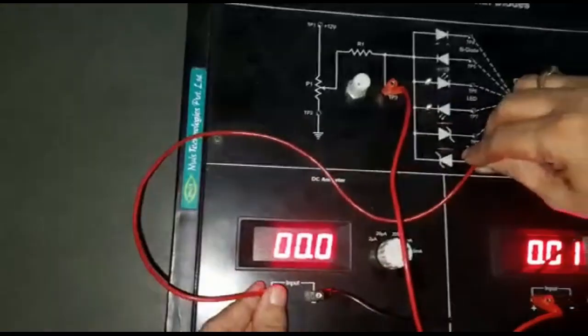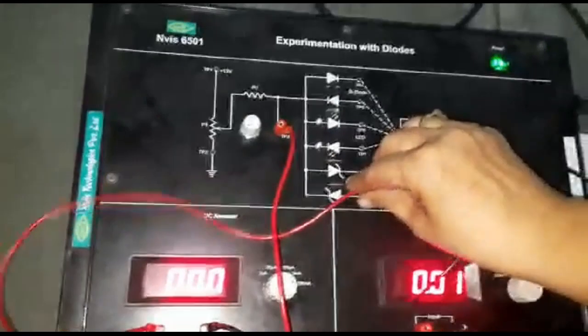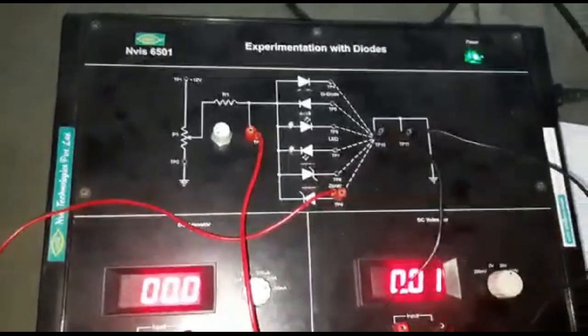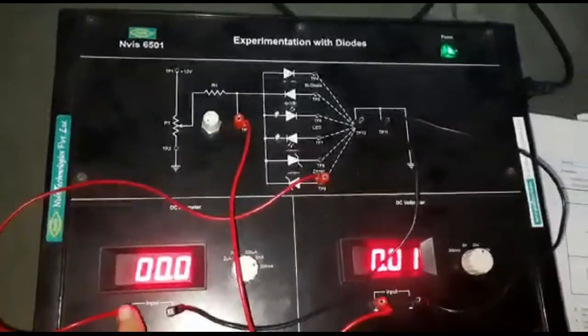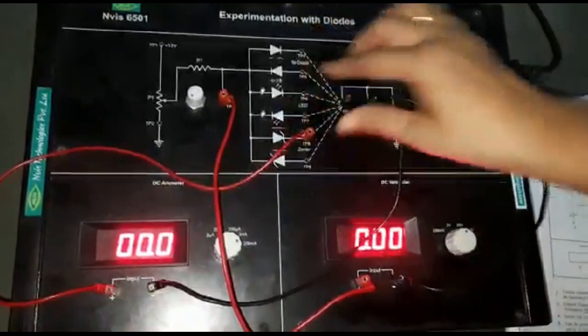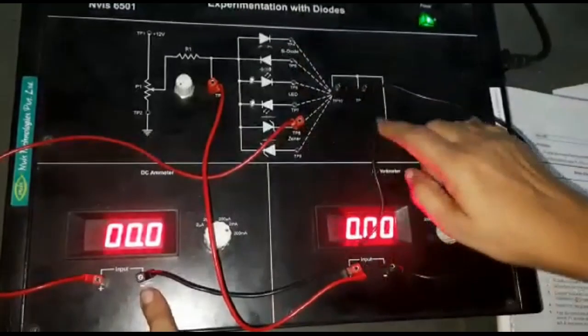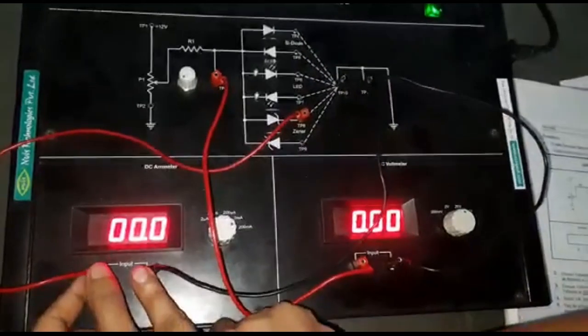For studying the forward characteristic of Zener diode, we connect this positive terminal to TP8, and this negative terminal is connected to TP10.